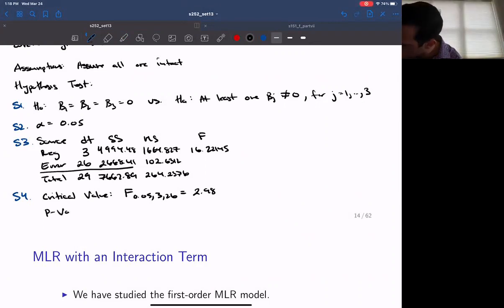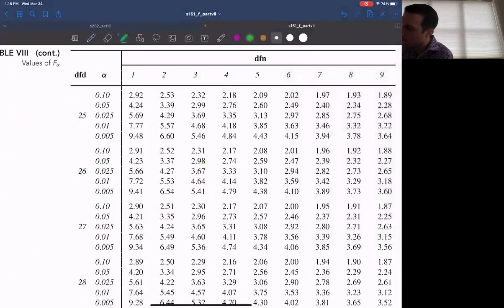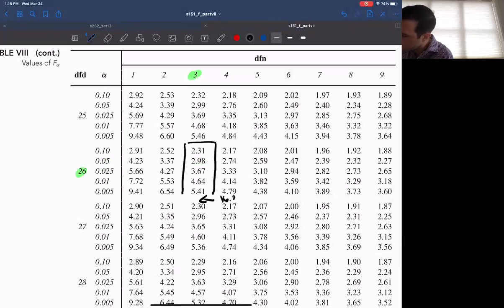If we take the p-value approach, we're working with this block of numbers here. You can see that our test statistic is greater than the largest listed value.